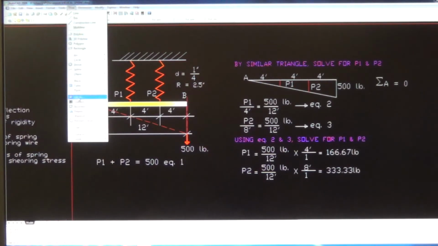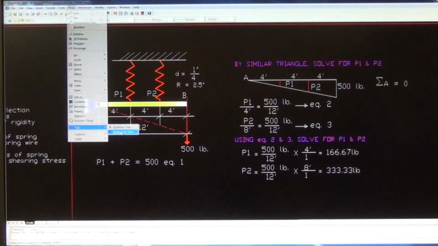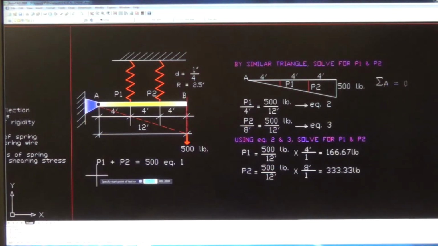Now we can solve that. By substituting, P1 is 166.67 plus 333.33 equals 500 pounds.